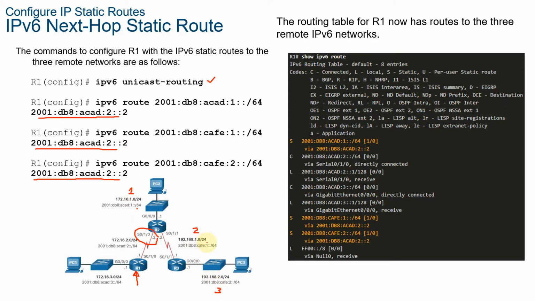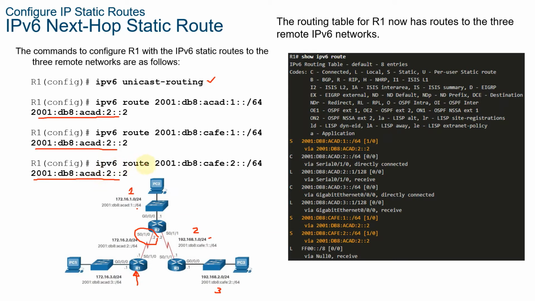Okay, now let us define the second network. So that would be IPv6 route 2001:DB8:CAFE:1::/64 via 2001:DB8:ACAD:2::2. Right, that 2. And then let us define also the last one, which is the third remote network from R1.